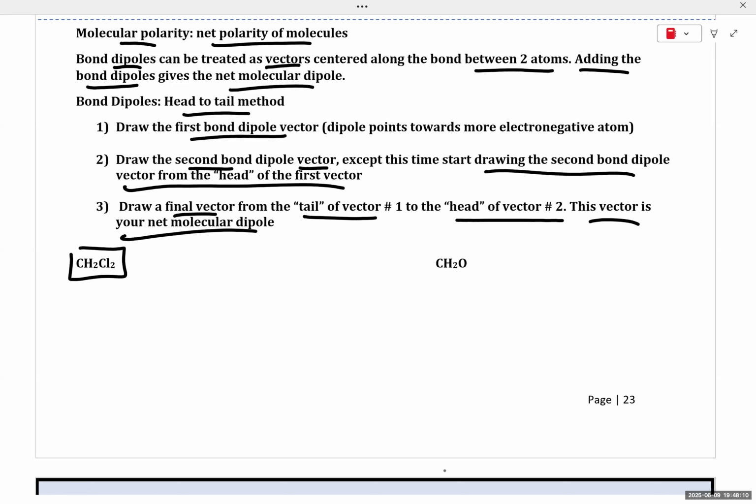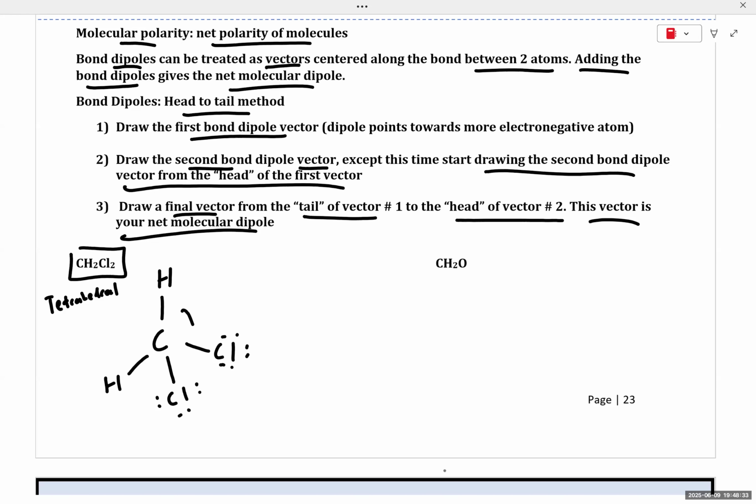So let's take a look at dichloromethane. I'm going to draw out the Lewis structure for dichloromethane. As you can see, this central carbon atom has 4 bonded atoms, so this is tetrahedral.